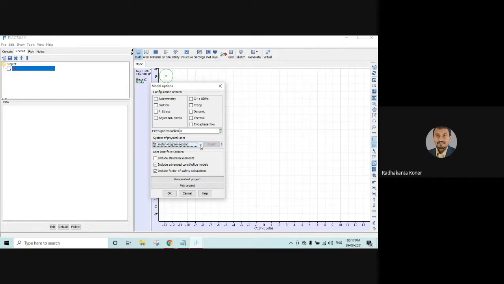After that, there is one tab: include structural element. Include structural element may be required. Suppose we are civil engineers and nowadays a telephone tower is a very common structure. Suppose a telephone tower is erected on soil, inserted on a foundation.